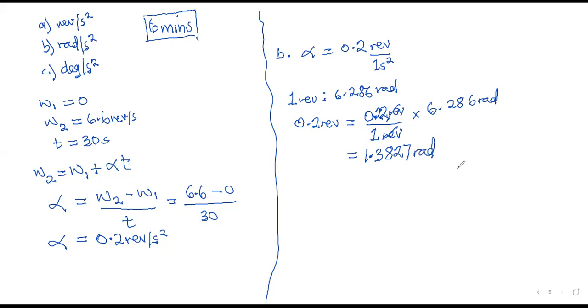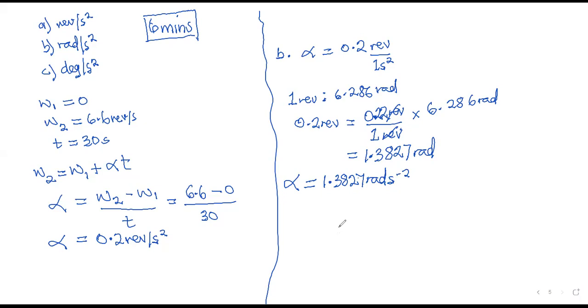I always say that if you are not asked to round your answer to a certain number of dPs, express it in about 3 dP. Okay. So therefore, we have our final answer for angular acceleration being equal to 1.3827 radian per second squared.